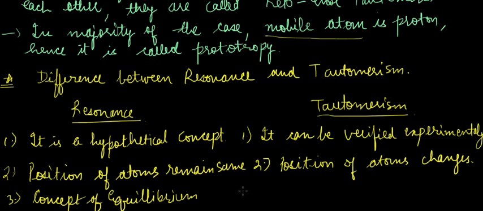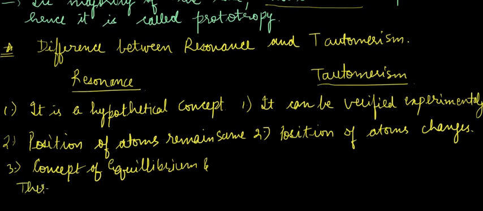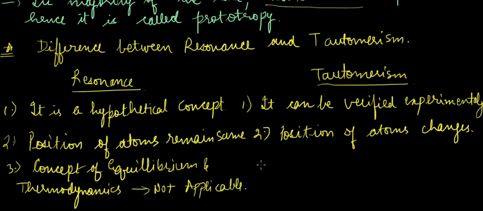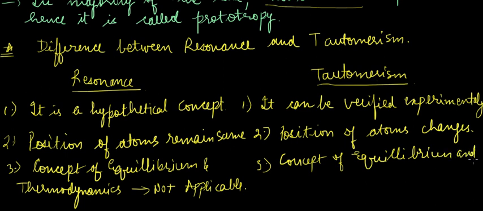It exists only on paper. We make them to understand what compound will be stable and to compare the stability of resonating structures, but still it is not in equilibrium. Whereas in tautomerism, the concepts of equilibrium and thermodynamics are applicable.